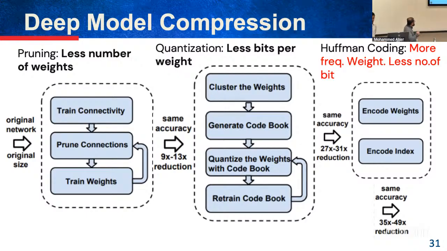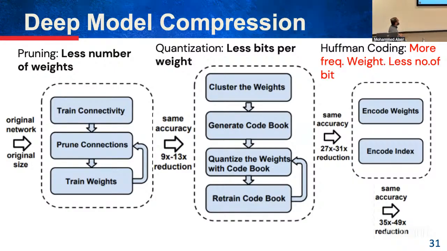And then they retrain the codebook, because if you do this process, you may lose some accuracy, and you retrain these weights so that you can get back the accuracy. So after doing this, they have around 27 to 31 times reduction of the models, and more details will be discussed later.